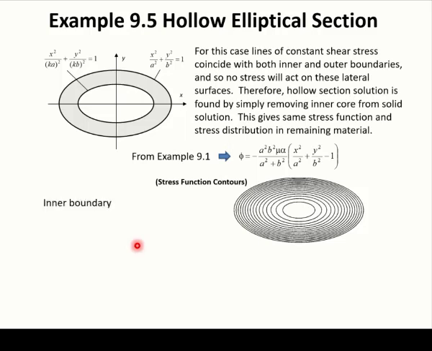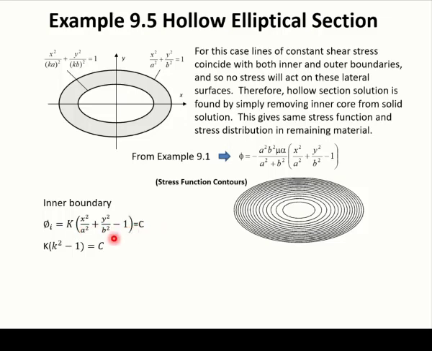If you look at the inner boundary, now I want it to be a constant, so it's k times. Before, if we look at the outer boundary, it was k times this value minus 1 equal to 0. But now I don't want it to be 0, I want it to be a constant value.